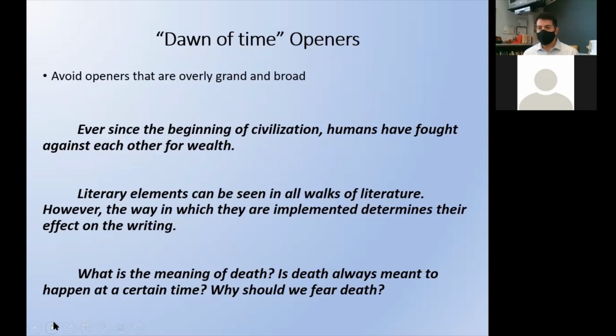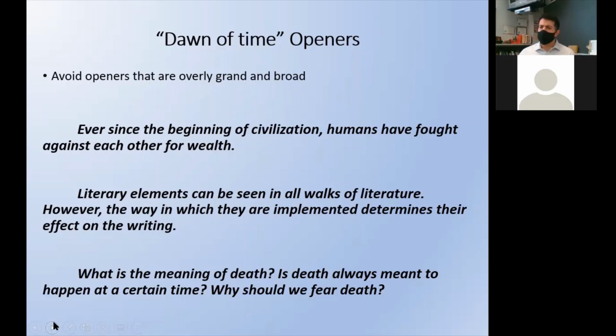They're relatively easy to come up with, so students come up with them a lot, and they're just kind of cliched. And as a teacher, and this isn't just me saying this, this is, I think, widely thought to be true, you see one of these and it's like, oh, a dawn of time opening. Okay, so what is a dawn of time opening? It's just a really grandiose, broad, sweeping statement about some universal truth about the world.